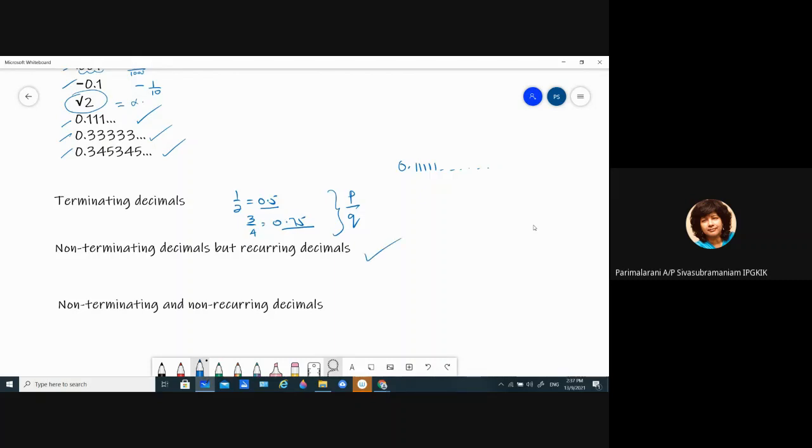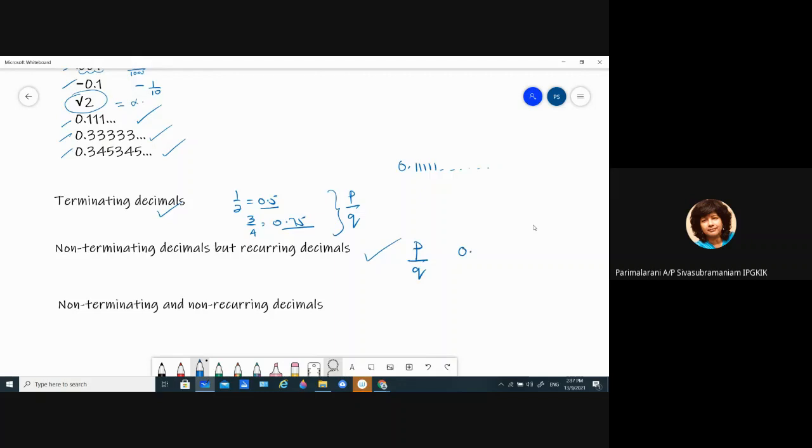This is also a rational number. Non-terminating but recurring decimals can also be written in the form of P over Q. How do we change this into a fraction? We will see later, but these are rational numbers.